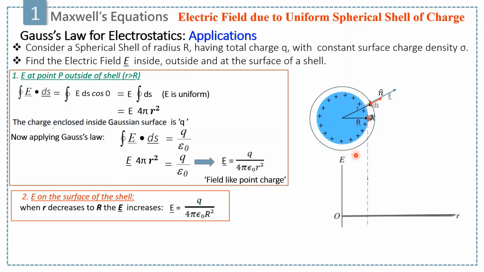We can see this in the graph here, showing the variation of the electric field with respect to the distance from the center, which looks like this. You can see the electric field is maximum at this point, and that point is exactly the point at the surface.